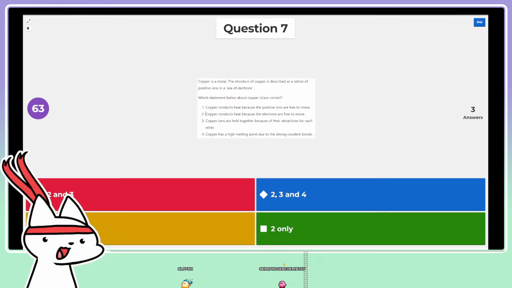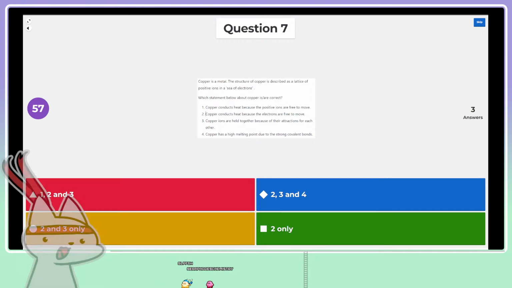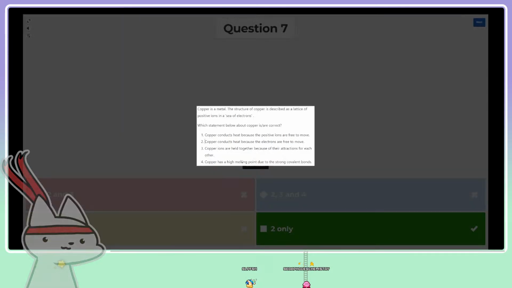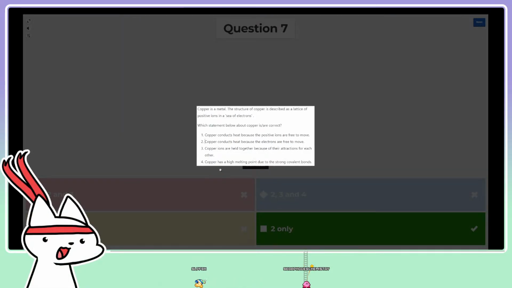Be careful. Copper conducts electricity. Copper is a metal, with mobile electrons. In this question, compare 2 and 3.